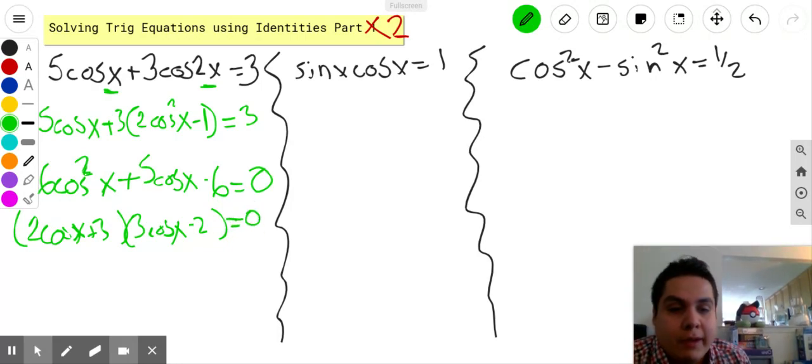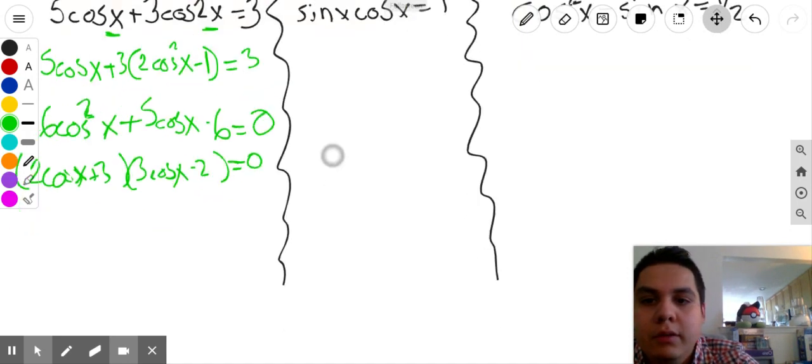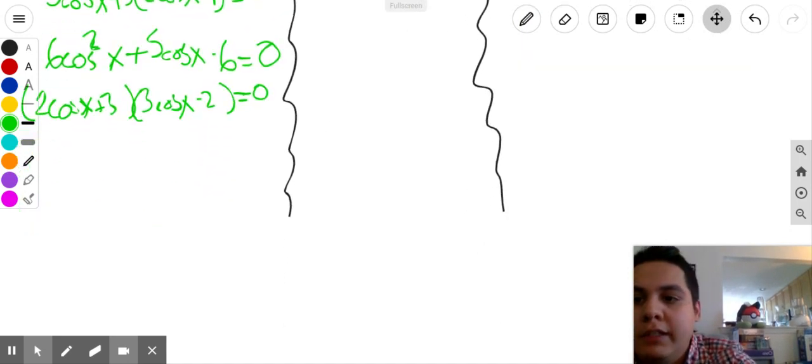That's just the way I factored it real quick. If not, you can pause the video and do it your way. Make sure you understand where I came up with the 2 cosine of x plus 3 and the 3 cosine of x minus 2. So then I go ahead and do that, and now I can set my factors equal to 0.